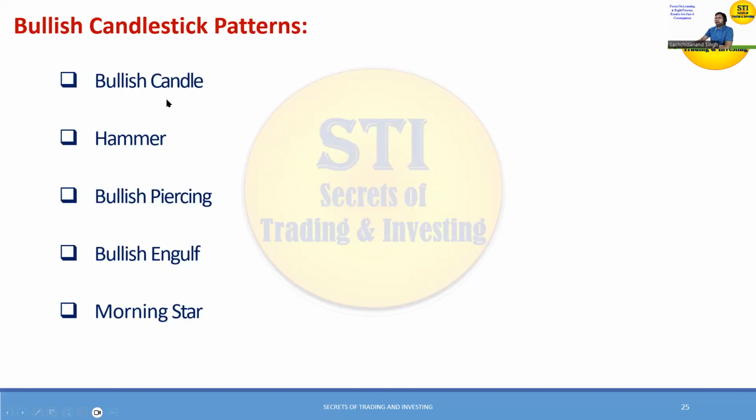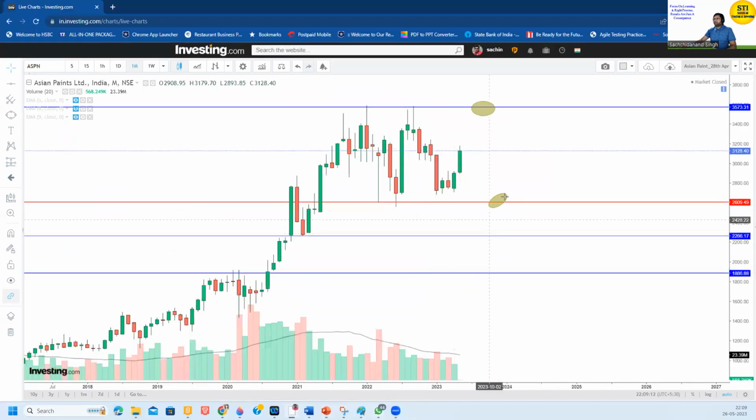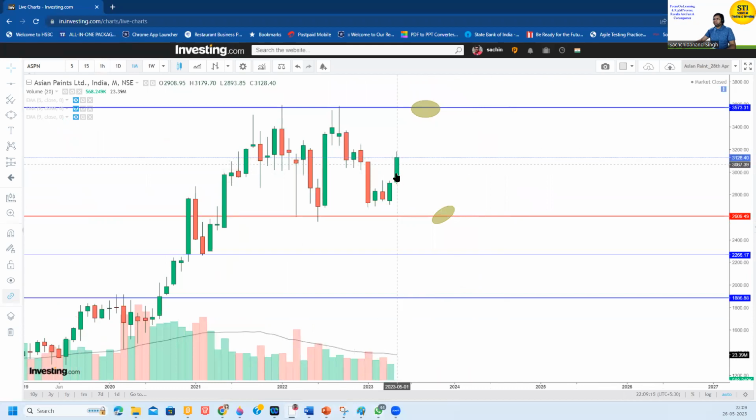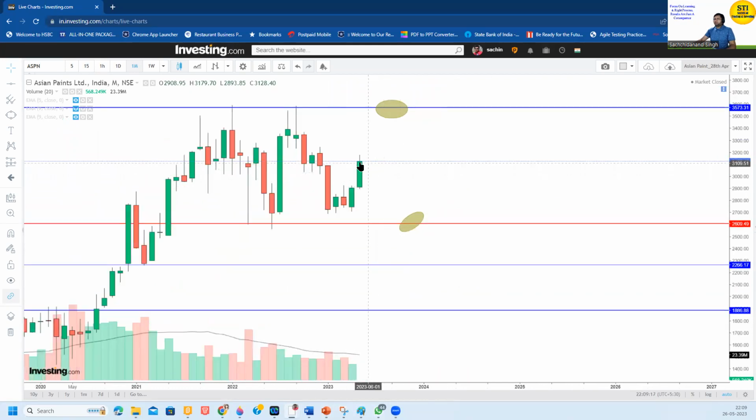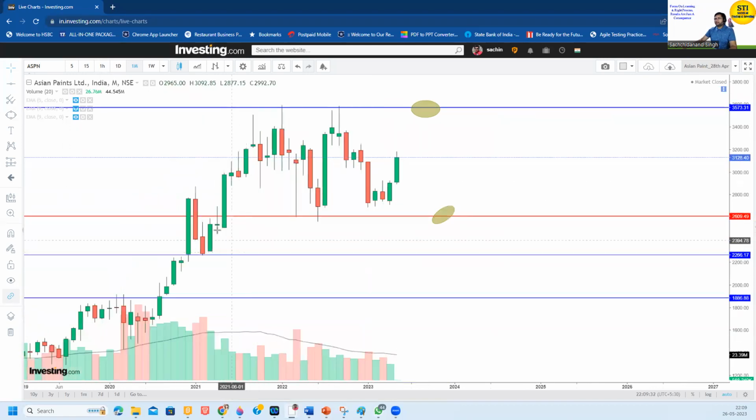Bullish candles are very simple, very easy to identify, so I'm not covering them separately. Any reasonably big candle, like these green candles with a clear-cut green body and a normal wick size, will be treated as a bullish candle. Any healthy green candle will be treated as a bullish candle.